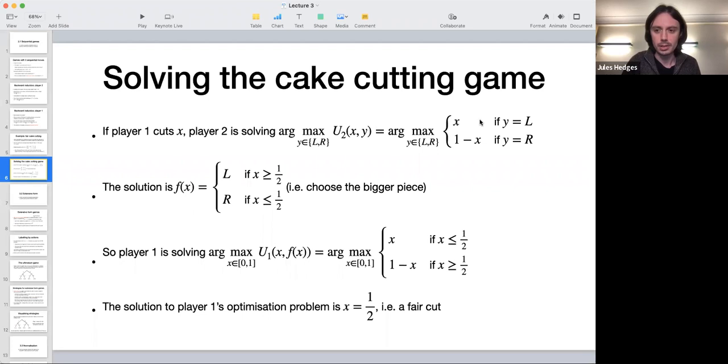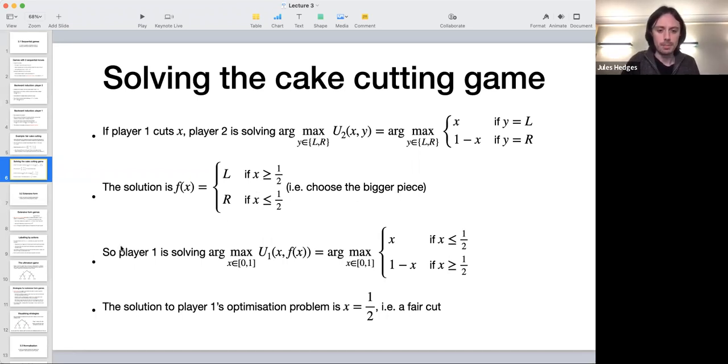If player two chooses the left piece, they're going to get x. If they choose the right piece, they're going to get 1 minus x. The solution is that we choose the left piece if x is at least a half, and the right piece if x is less than or equal to a half. Here I'm again hand waving that this need not be unique, because if x is exactly equal to a half, it doesn't matter, but let's ignore that. This is an elaborate way of saying player two always chooses the bigger piece.